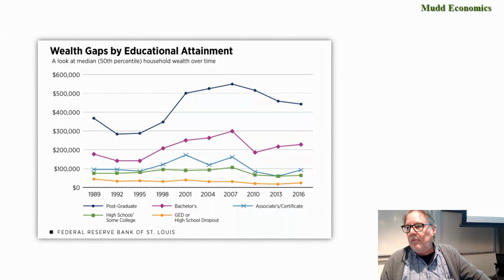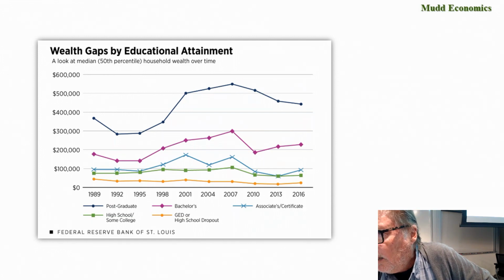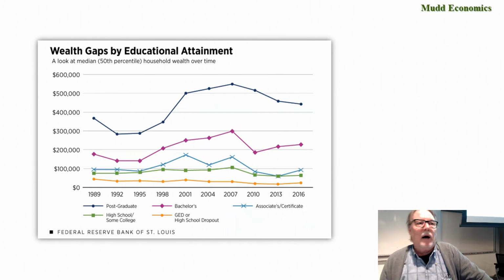Big surprise that your wealth in 2016 is double someone who has a Bachelor of Science or a Bachelor of Arts, and it's considerably higher than a high school graduate or somebody down there who's a high school dropout.